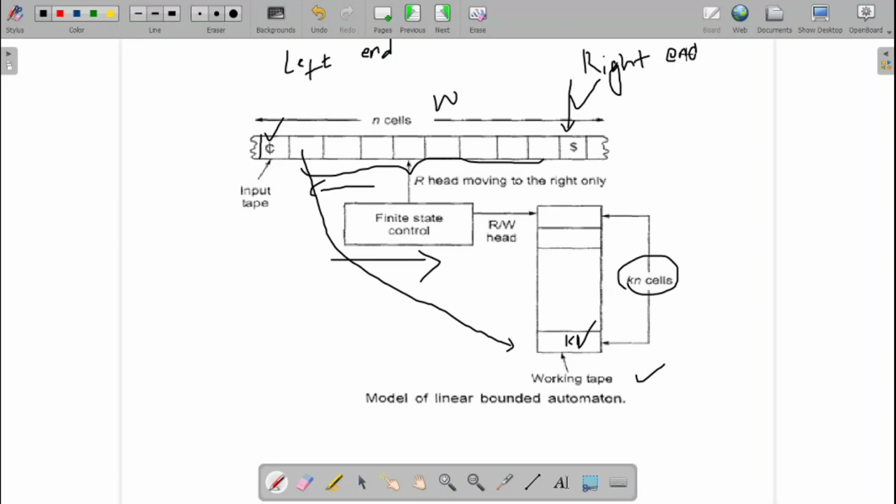But for the working tape, there is no such restriction. Any movement is allowed for the working tape, but not for the input tape. This block diagram and these features are the important features of the linear bounded automaton.